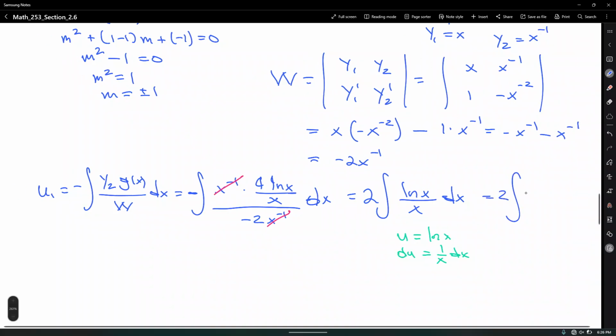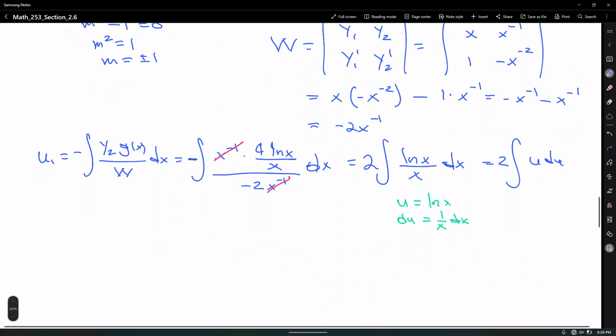So that's still the integral of u du, which is essentially u squared, and back substituting, we get ln of x quantity squared. Be careful: ln of x quantity squared is not the ln of x squared.